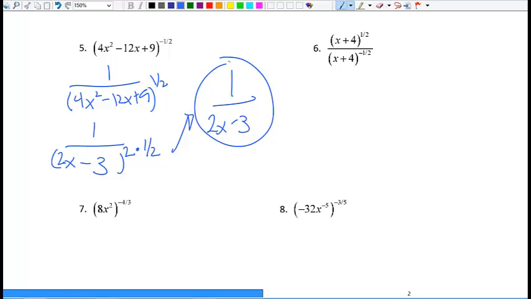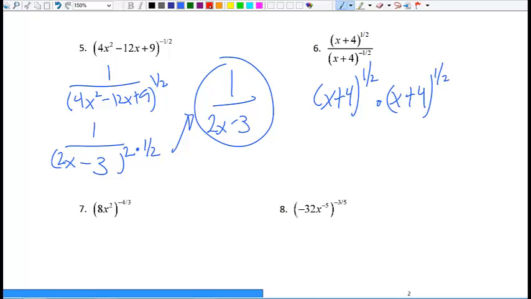Okay, number 6, we've got x plus 4 to the 1/2 in the numerator and x plus 4 to the negative 1/2 in the denominator. Well, we've got a negative exponent in the denominator, so to make that exponent positive, we're going to bring it up to the numerator. So (x plus 4) to the 1/2, and then times (x plus 4) to the 1/2.